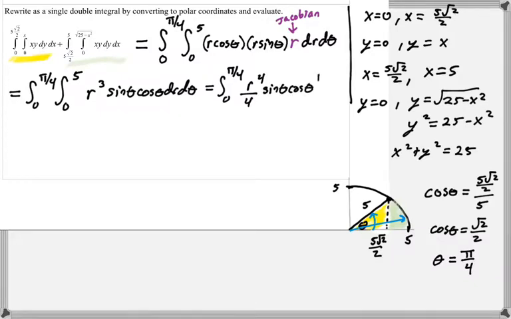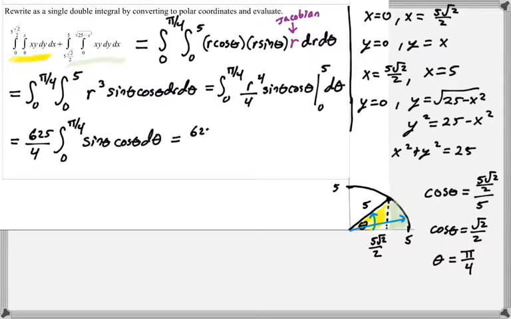That's the substitution we'll do in a minute here. Evaluate from 0 to 5, and then integrate with respect to theta. So r to the fourth, 5 to the fourth is 625 over 4. Slide that out. Integral from 0 to pi over 4 of sine of theta cosine of theta d theta.